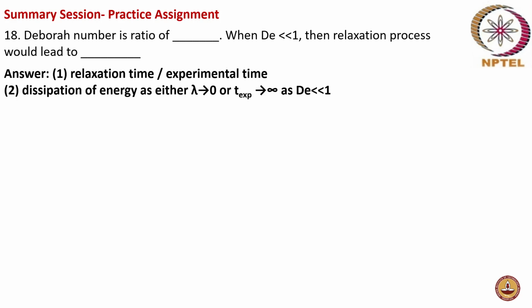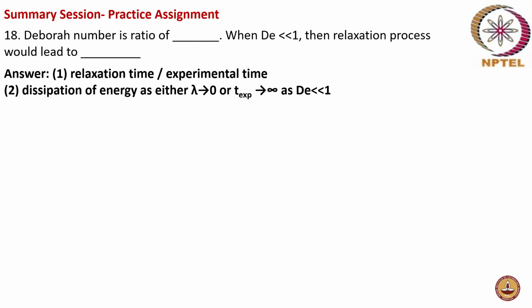So when Deborah number is very much smaller than 1, that means your relaxation time is very small, or you're giving ample experimental time. That means, as you said, it can be more of a viscous nature, right? What is viscous nature all about? It is about dissipation of energy.